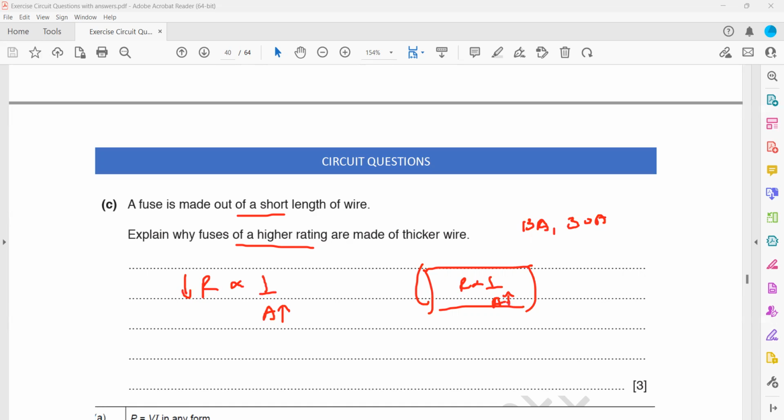The thick wire will have low resistance, and if it has low resistance, it will allow a greater amount of current to pass. So as it allows a greater amount of current to pass through, what will happen? It produces a greater heating effect to melt the wire. Is it clear, this one, the last part?